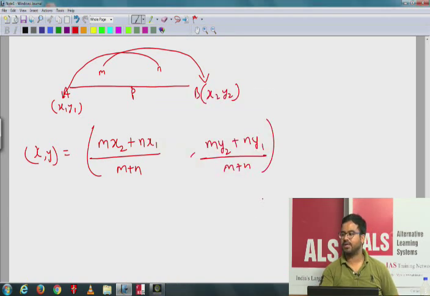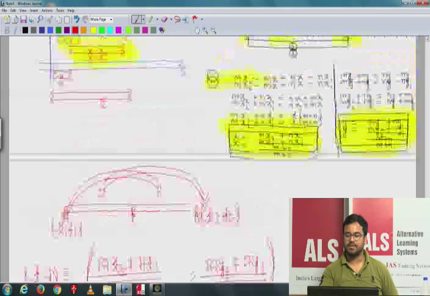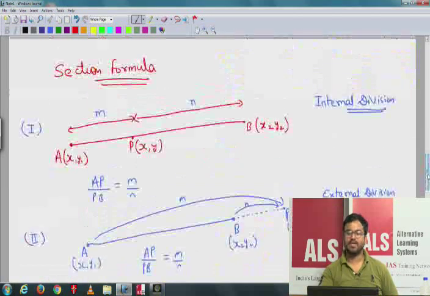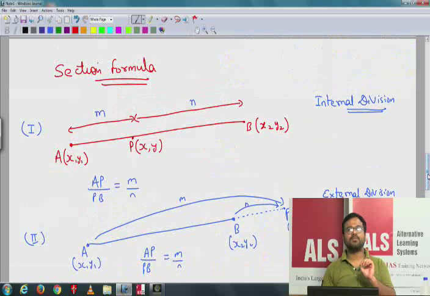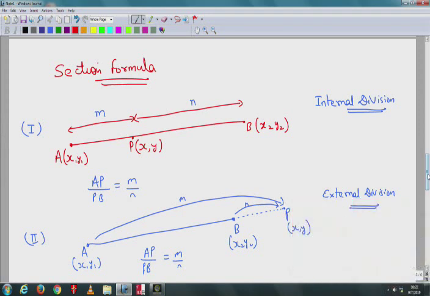Senapati, you are having a doubt about internal and external division. See, internal division means the point P is lying in between the two points, in between the line AB. Then we say that point P divides the line AB into two parts internally.